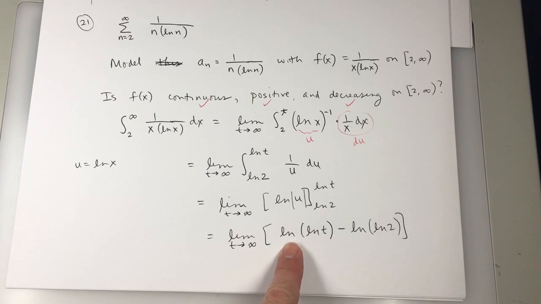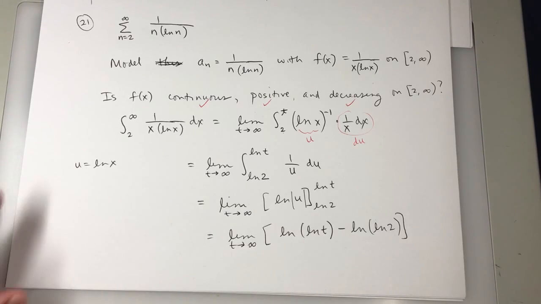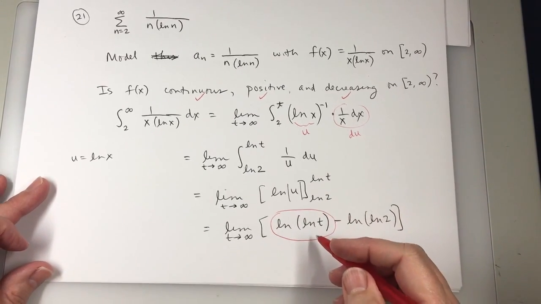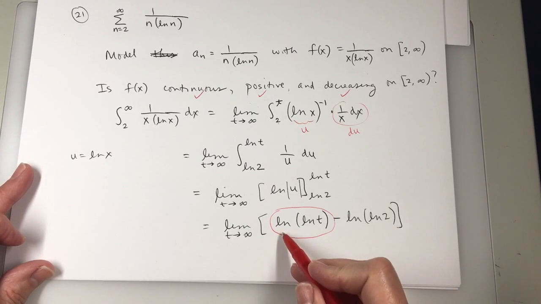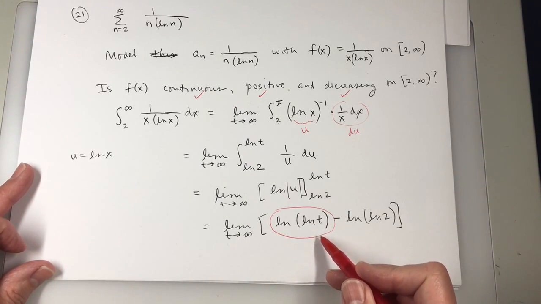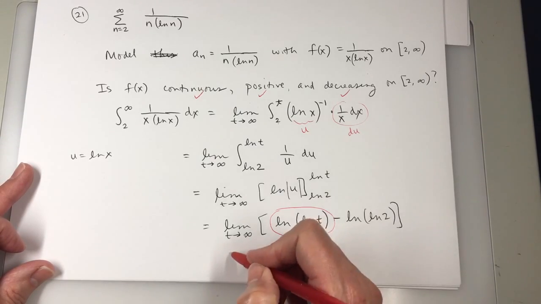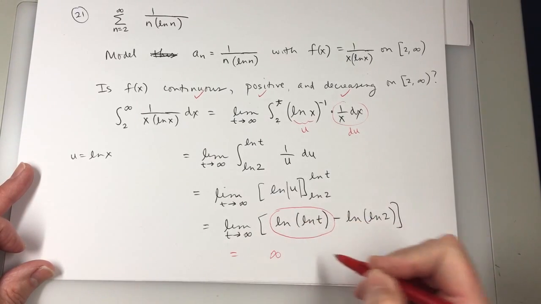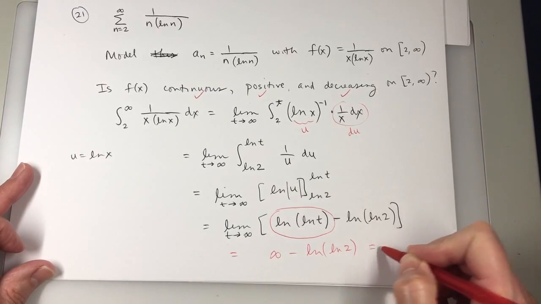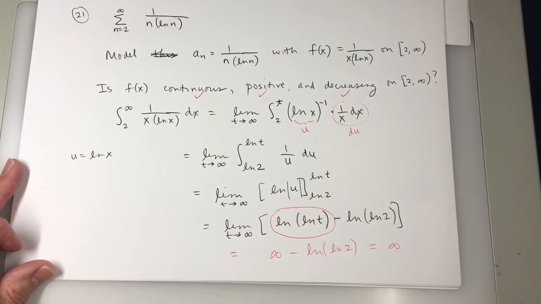All right, what about this as t approaches infinity? This might be a little hard to think about. This is going to infinity. It's going very slowly, but it's going to infinity. Infinity minus the natural log of 2, that's infinity.